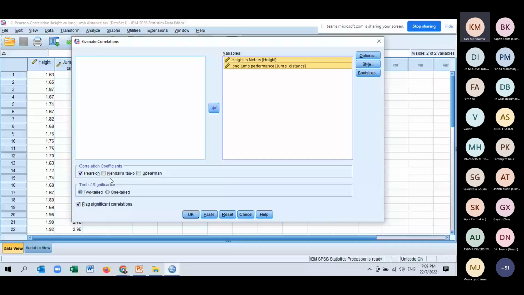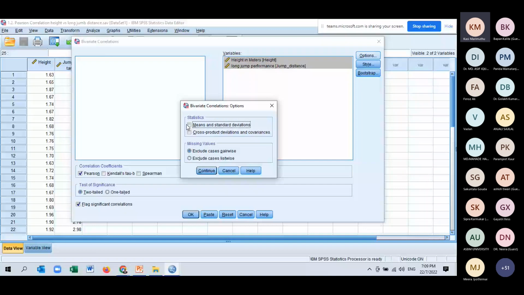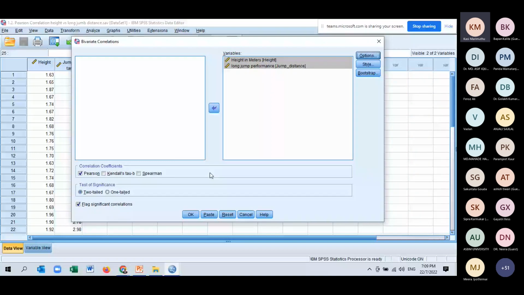The Pearson correlation coefficient comes under the parametric statistical test. The data fulfills normality; we tested using various approaches. That's it. Click OK. You don't need to do any changes. Maybe you can also look for means and standard deviations to explain your data. Continue in the option. Click OK.